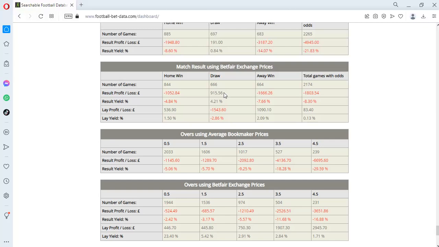That's 91 points profit at a return on investment yield of 4.21%. So that is backing all of those games as a draw at the Betfair closing price before kickoff, and doing nothing else. What I'm talking about is maximizing those profits and reducing the losses by the trading technique that I've spoken about. So that's that one market.